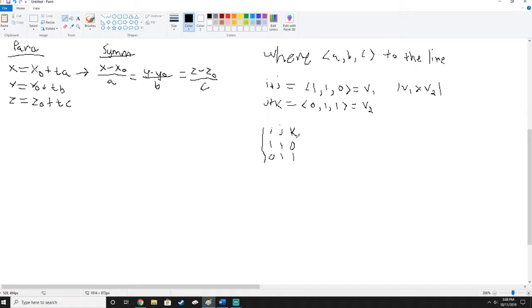Let's make this a little longer, and we find the individual calculations for the i, j, and k coordinates.